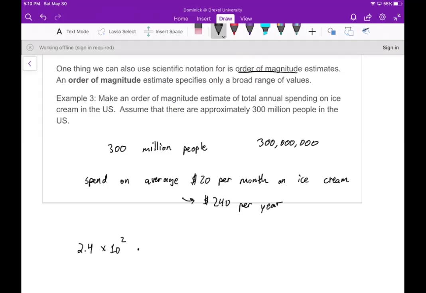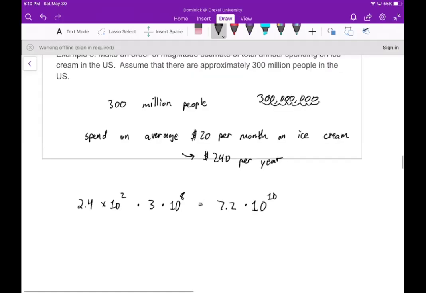So then this would be times a 3 times 10 to the, it should be 1, 2, 3, 4, 5, 6, 7, 8, right? So it's times 10 to the 8th. So this would give me a 7.2 times 10 to the 10th, right?